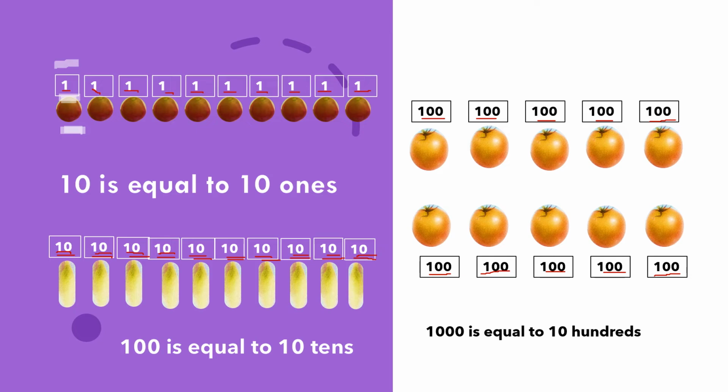Let us count by hundreds. 100, 200, 300, 400, 500, 600, 700, 800, 900, 1000. 1000 is equal to 10 hundreds. So, 10 is equal to 10 ones, 100 is equal to 10 tens, and 1000 is equal to 10 hundreds.